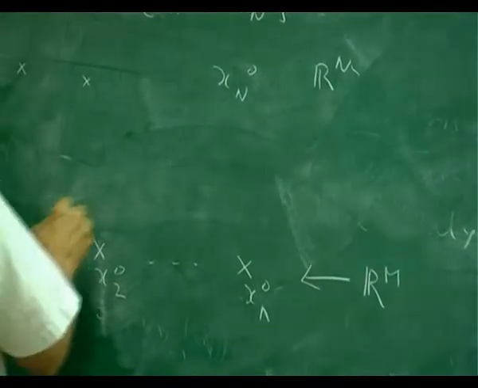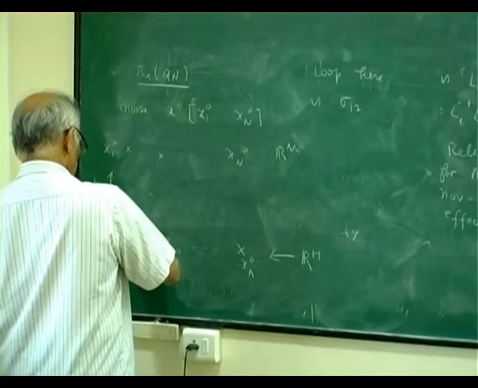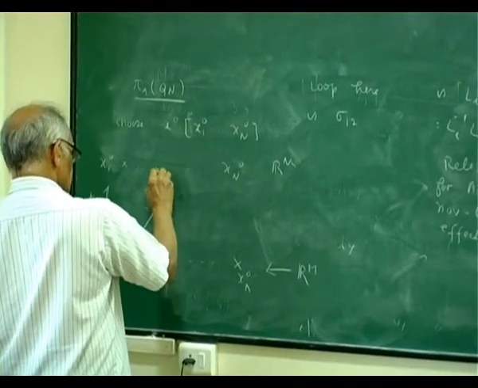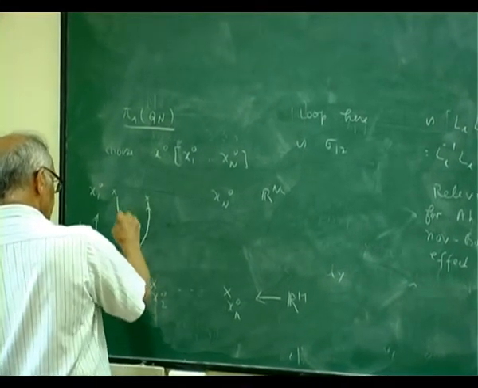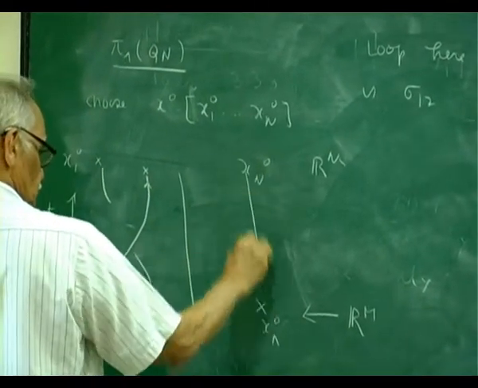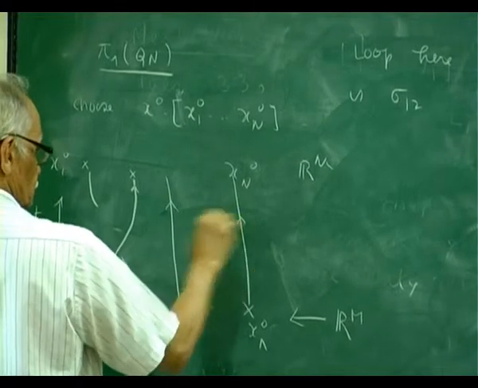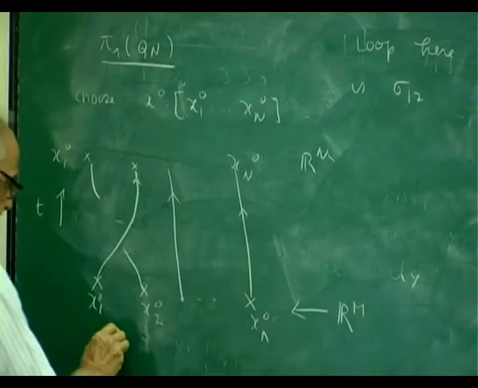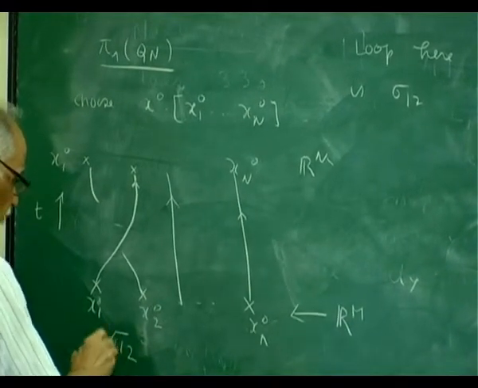I move this to this point, and this one, let us say, move it behind. The rest I do not move. This is sigma 1 2, the loop.